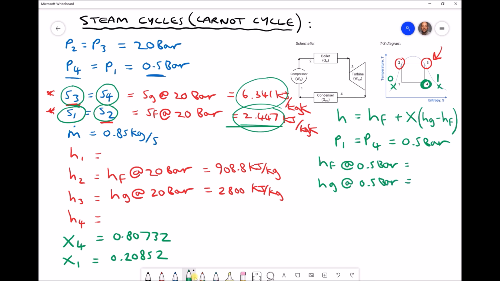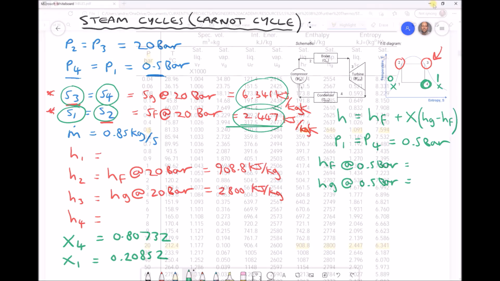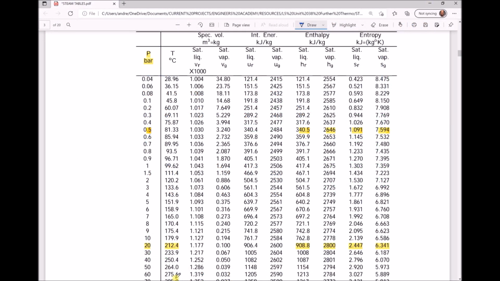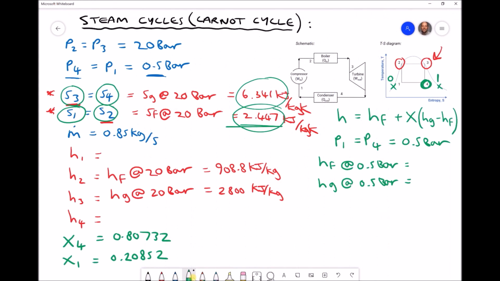Now fortunately, when we return to our steam tables, we've already highlighted those two values. So here we are at 0.5 bar. HF at 0.5 bar is 340.5 and HG at 0.5 bar is 2646. So let's take those values across and finish our calculations.